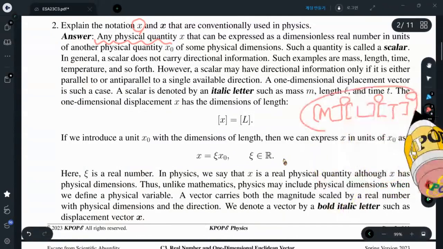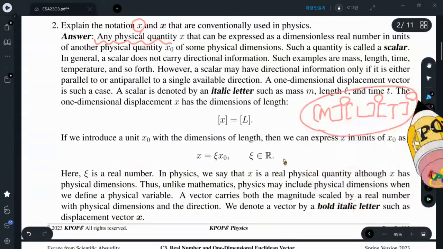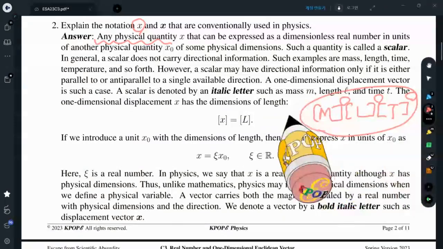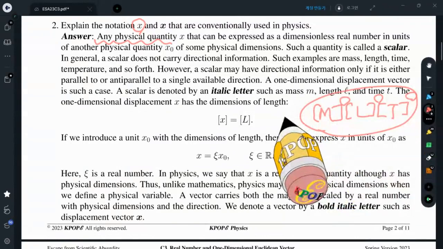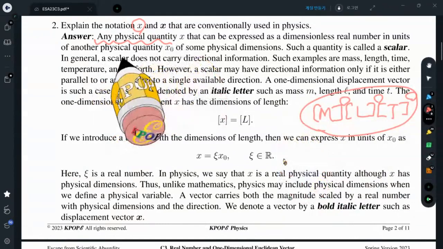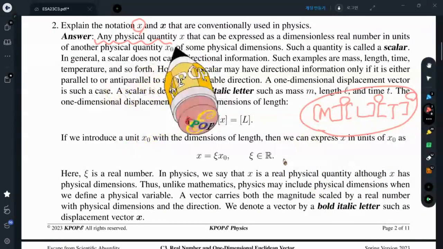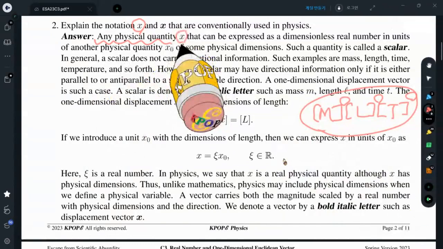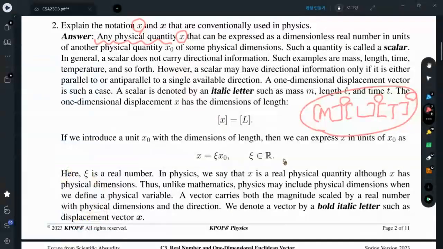If I separate this unit, then that physical quantity becomes a mathematical real number. A single real number is enough to describe that physical quantity, then we say it is a scalar.